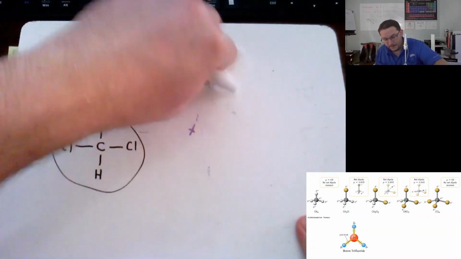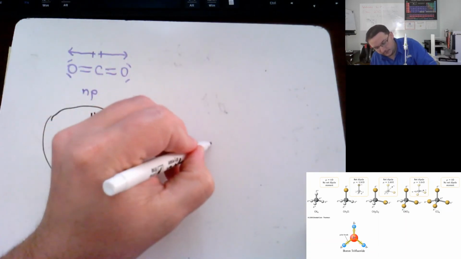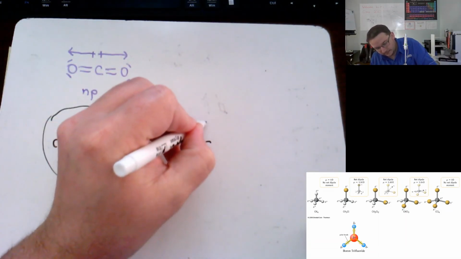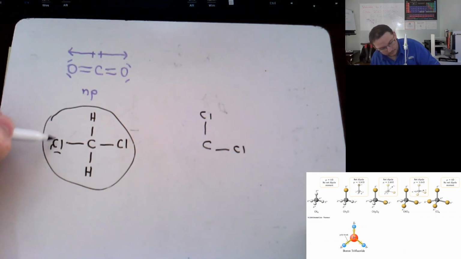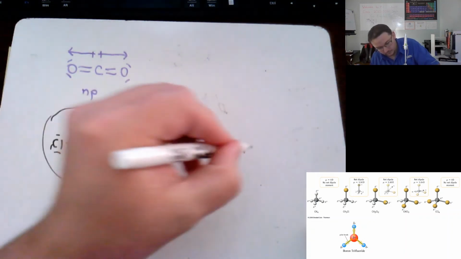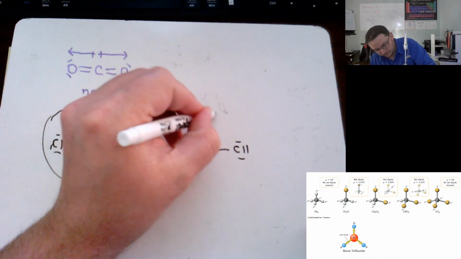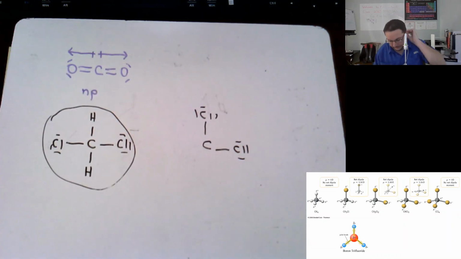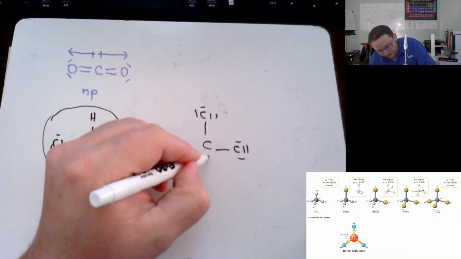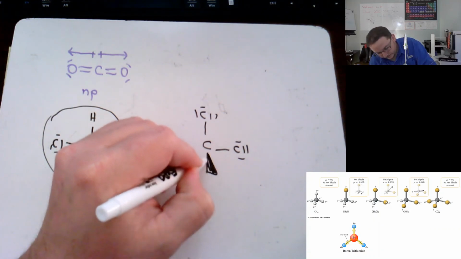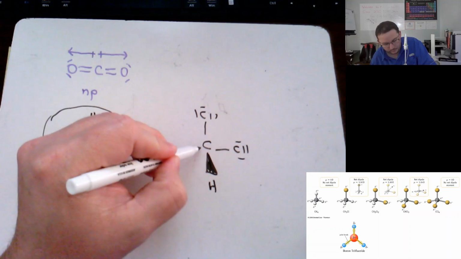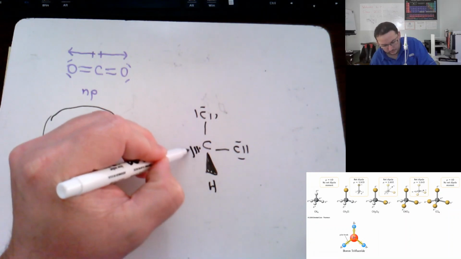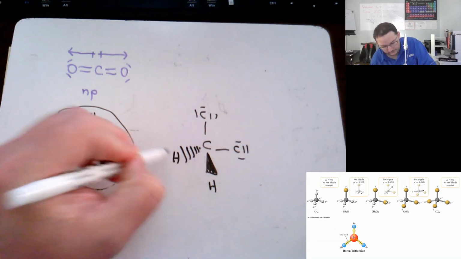CH2Cl2. A better way would be to draw it, and you do not have to do this, like this. And I'm ignoring that chlorine has lone pairs around it, sure. This one is coming out of the board, and then you have one where it's going into the board.